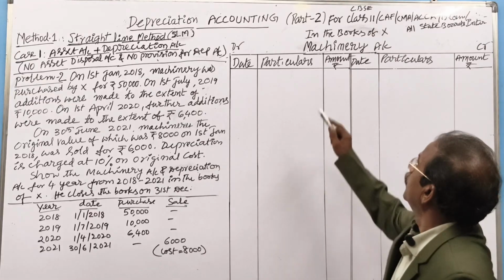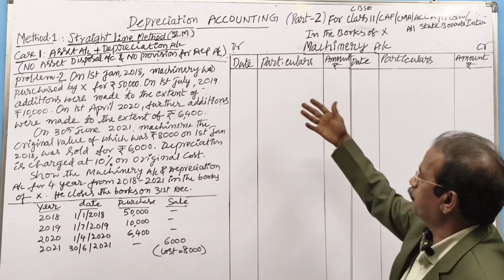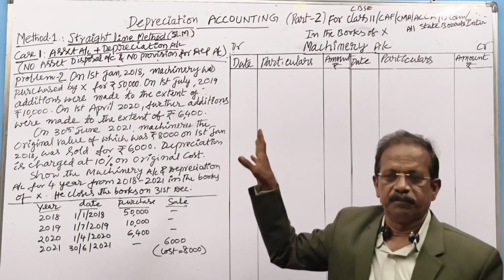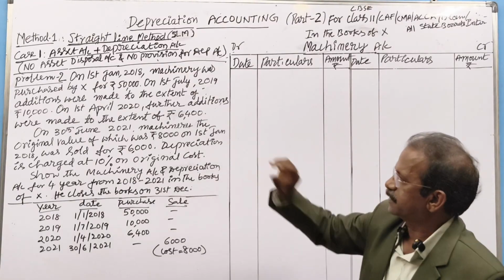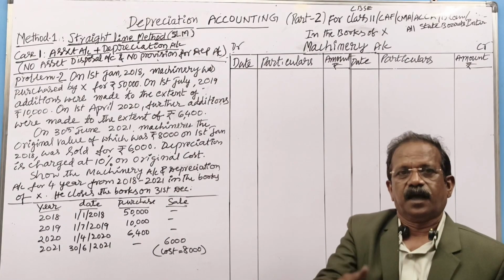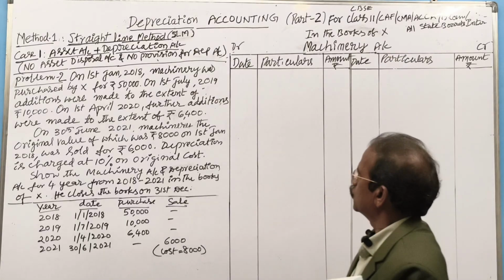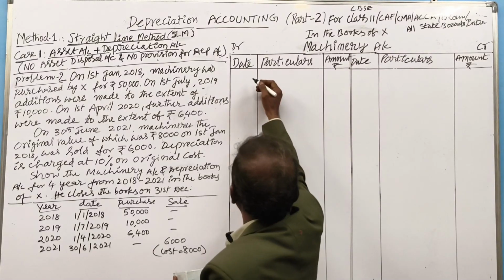That's why in machinery account, you have to write on debit side. Previously there was no machinery in this case. Now we are purchasing one machine means assets are increasing in the name of machinery. So that's why we have to record on debit side.